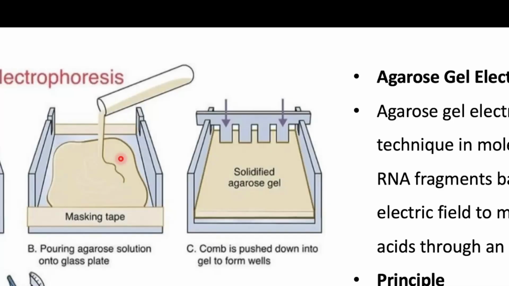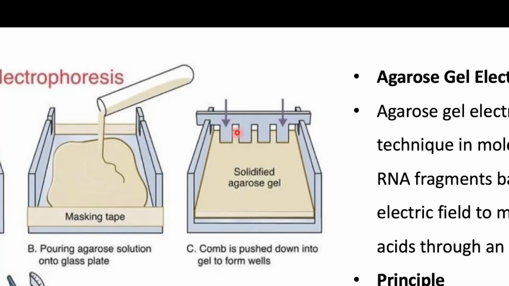A higher percentage of agarose gel will resolve very low molecular size bands, while a lower percentage of gel will not resolve as much. And in a higher percentage of gel, there is much higher resistance for the DNA or RNA molecule to move. That is why higher percentage gels are slower.